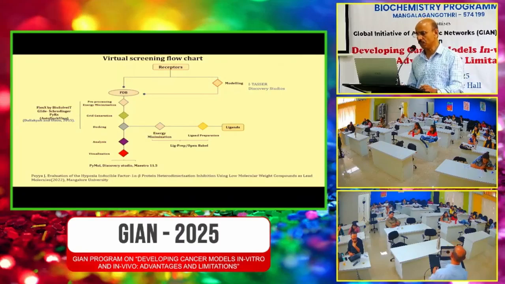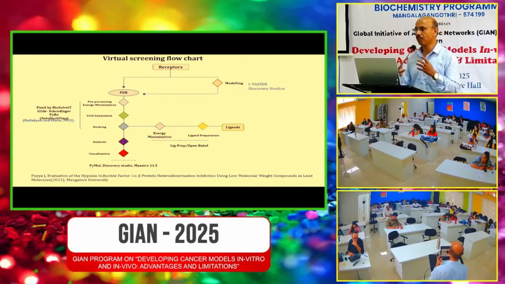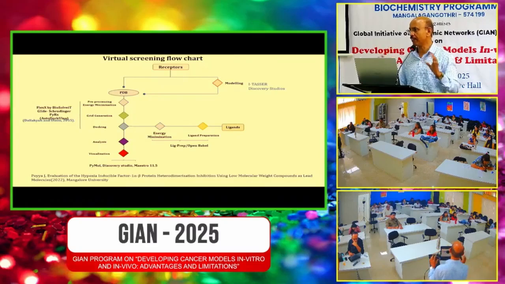We took the PDB, the Protein Data Bank, and modeled using various softwares. There are different ways we have to authenticate it, either pre-processing or grid generation, but let us not worry too much about that. Ultimately, in our study, we prepared a model which can be docked.